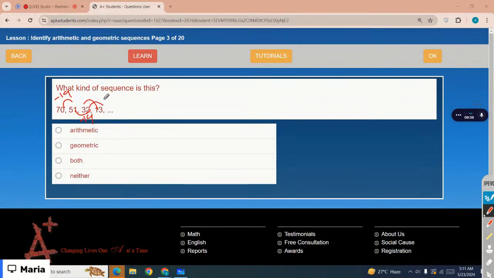That means you have to subtract 19 from each term to get the next one, right? Since you are subtracting, that is an arithmetic sequence. The correct option is arithmetic sequence. Got it?